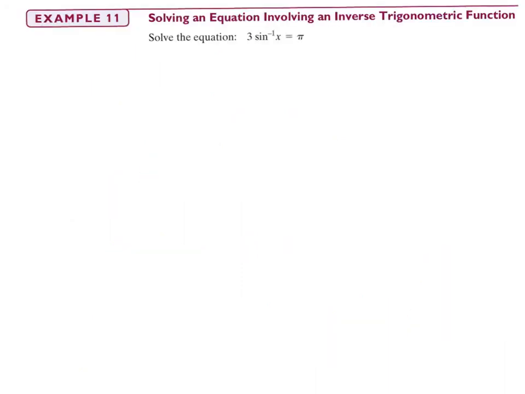So here's example 11. It says solve the equation 3 sine inverse of x is equal to pi. Let's get sine inverse by itself. Divide everything by 3. So you have sine inverse of x is equal to pi over 3.